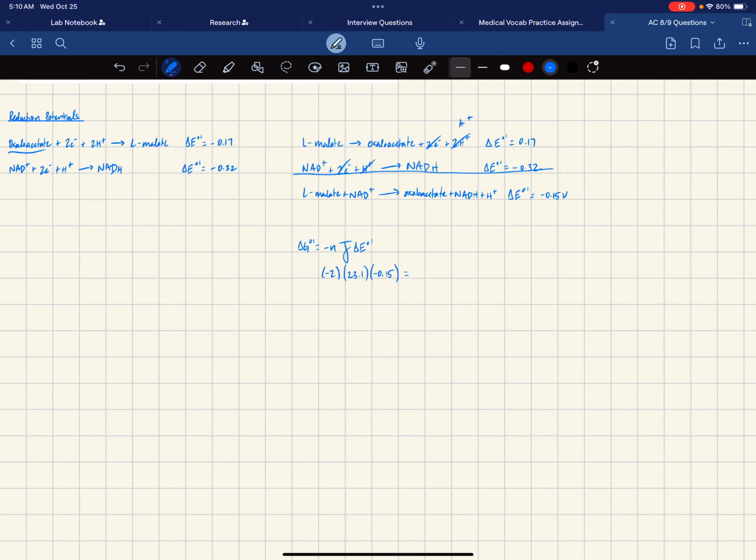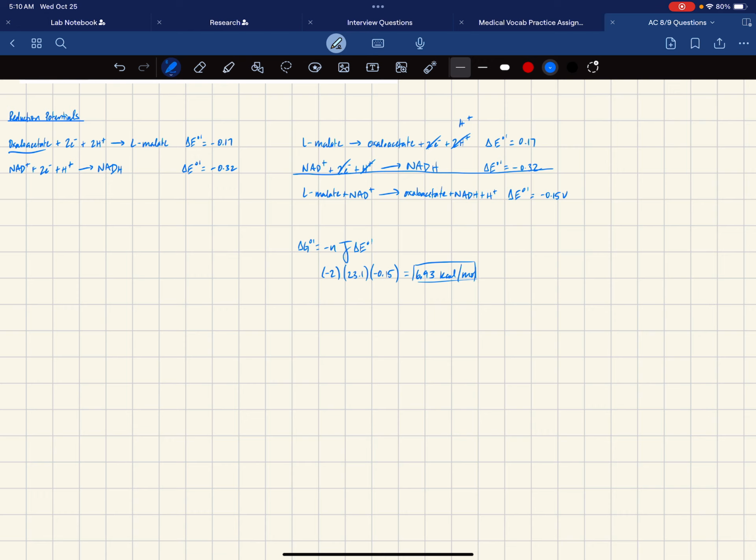So we do that, and we get 6.93 kcal per mole for that reaction.